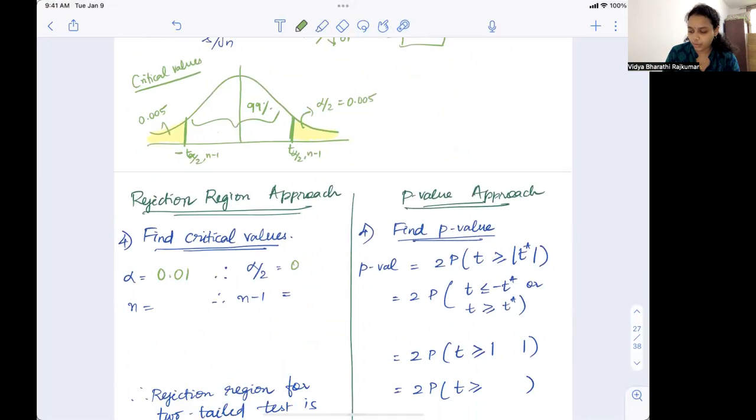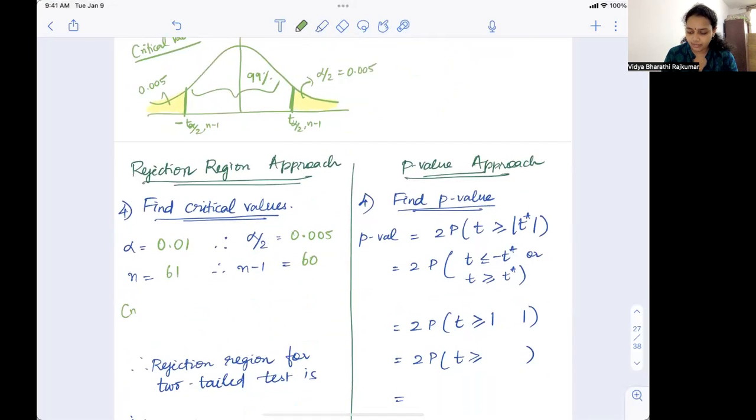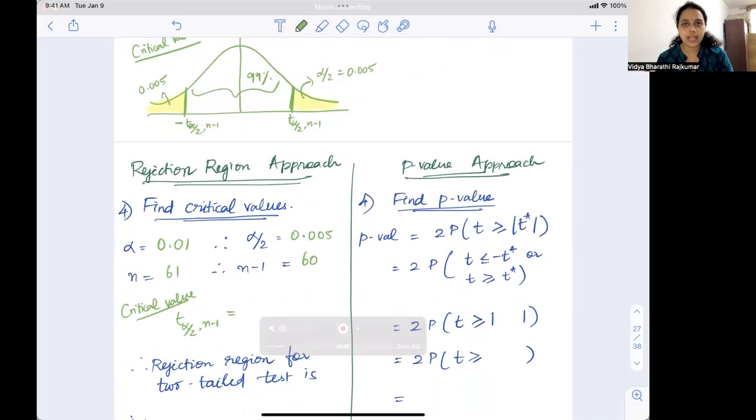Therefore, alpha by 2 is 0.005. N is equal to 61. Therefore, n minus 1 is equal to 60. So let's go and find our critical value, where you have t alpha by 2, n minus 1. Okay, let's find out what that number is. So for that, I'm going to switch to my applet.